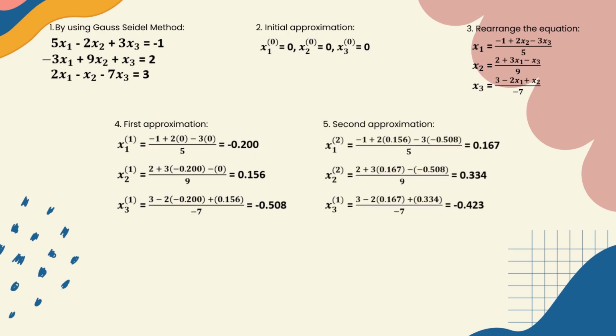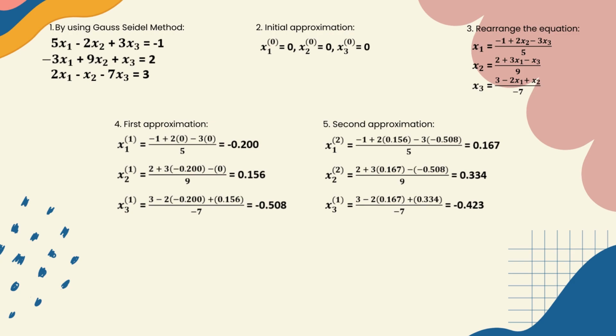Based on the slide, I continue to calculate the second approximation with the updated values of x1, x2 and x3. Hence, it will give x1 equals 0.167, x2 equals 0.334, x3 equals negative 0.423 for the second iteration of k equals 2.